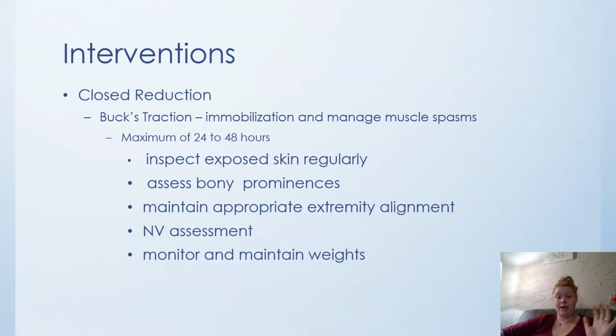You're going to maintain extremity alignment. So what that means is once we have the Buck's traction set up, we want their legs straight, not the injured one getting a little wonky and rotating out. That defeats the purpose. We're going to want to monitor nausea and vomiting, and we're going to monitor and maintain the weights that are placed at the end of the Buck's traction.